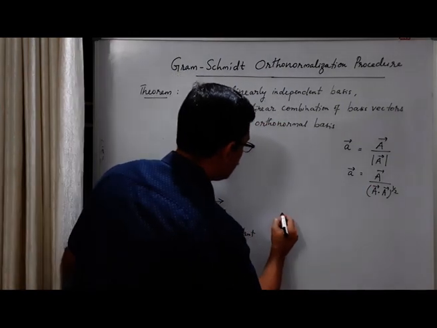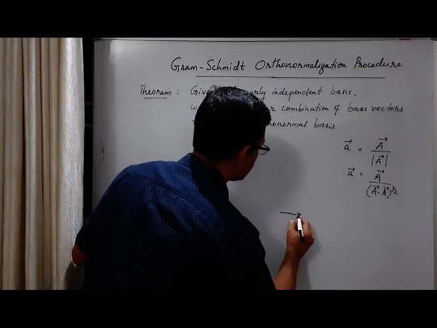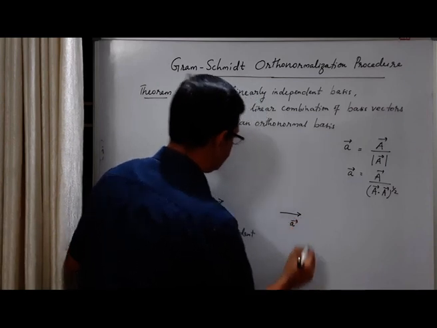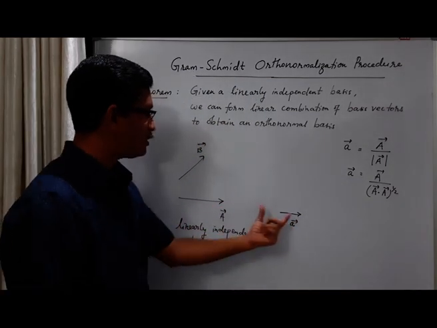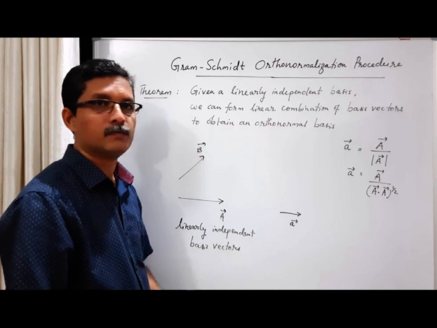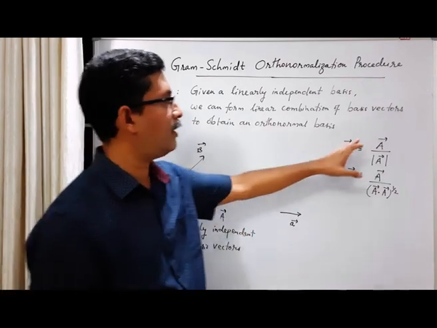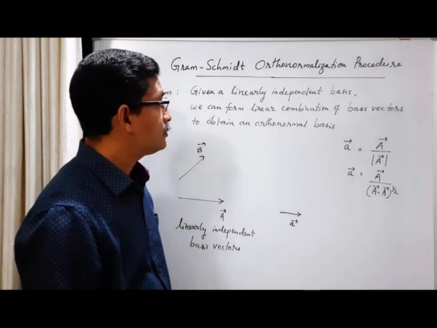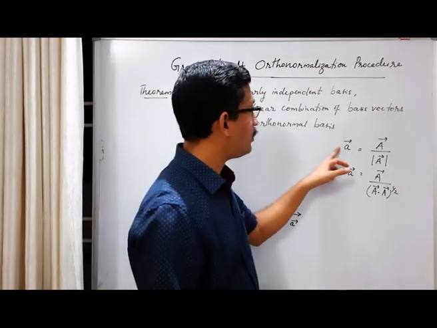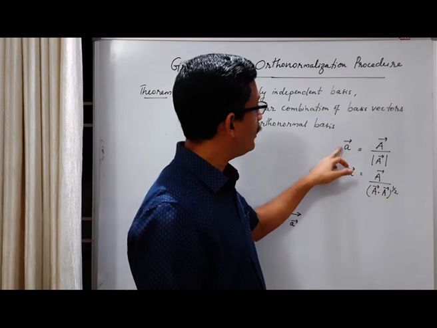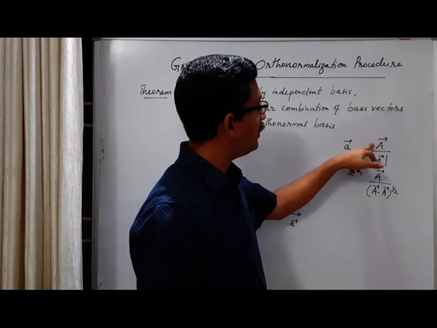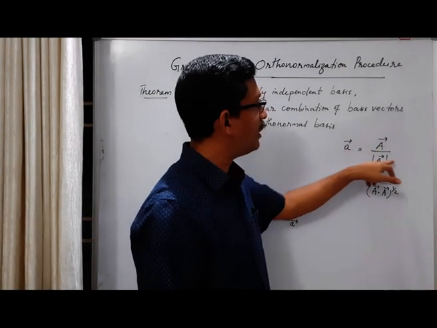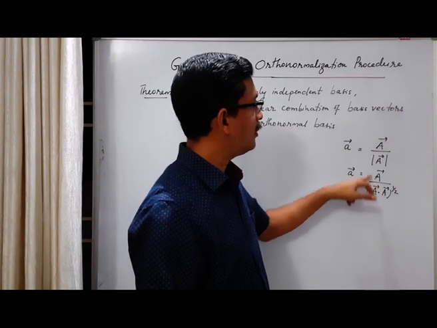So let me draw this. This is vector a, along the same direction as A, and its magnitude is 1, because we have divided the vector by its own magnitude. So what is small a dot small a? It is A dot A divided by mod A times mod A, or mod A squared.